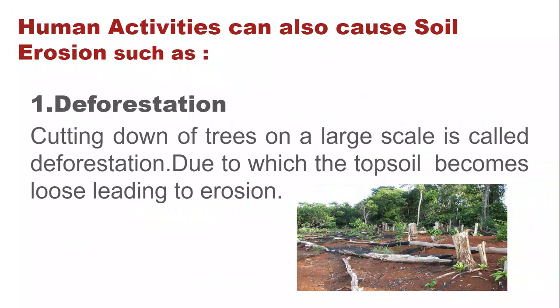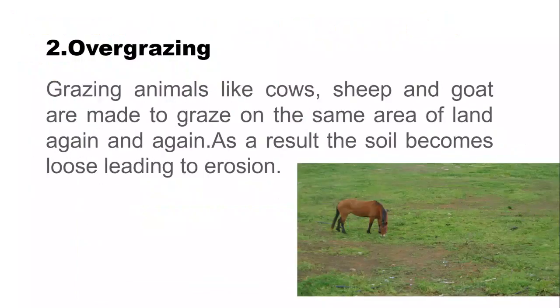Children, another cause of soil erosion is overgrazing. Children, grazing animals like cows, sheep, and goats are made to graze on the same area of land again and again, and they eat up most of the green grass and other plants.